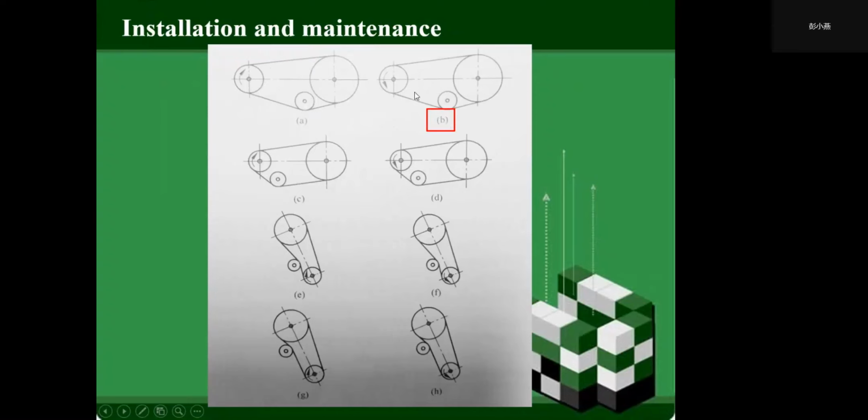And for B, the bottom strand is the slack side, so it's on the inside of the slack side near the large sheave. So B is correct.